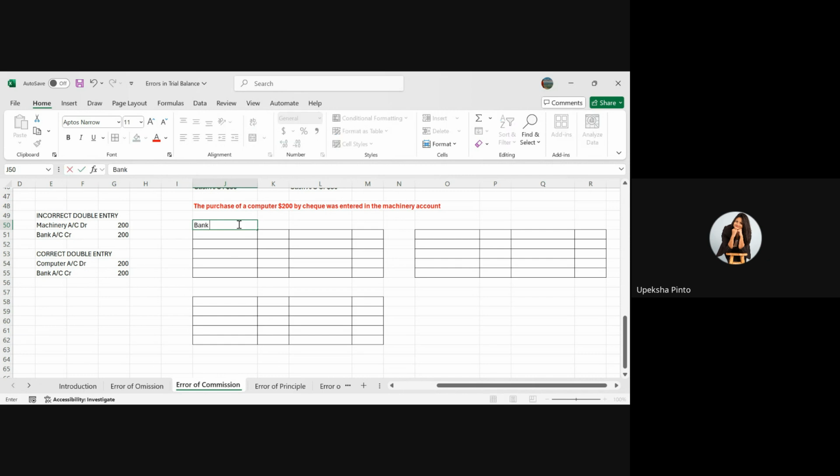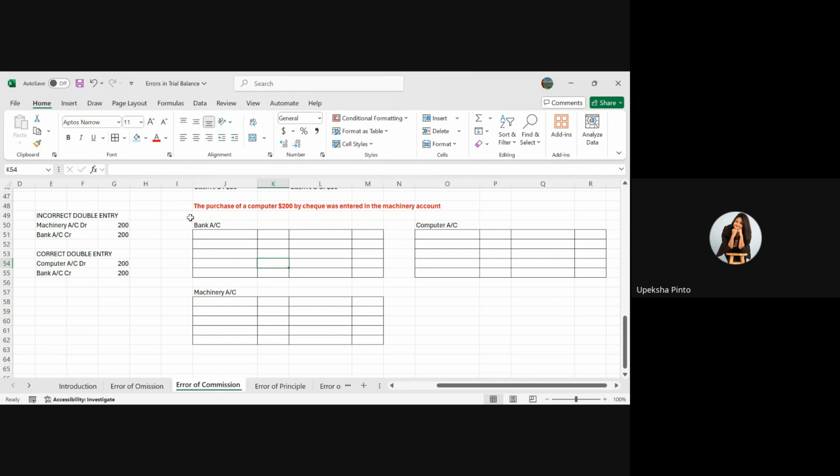We have bank account, we have computer account, and we have machinery account. And that is how it works.